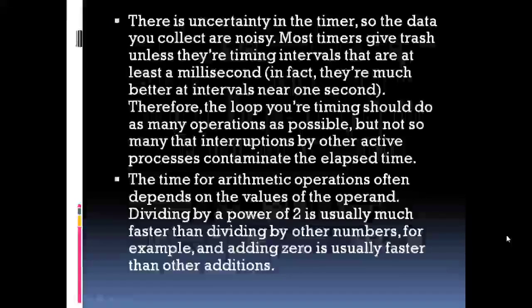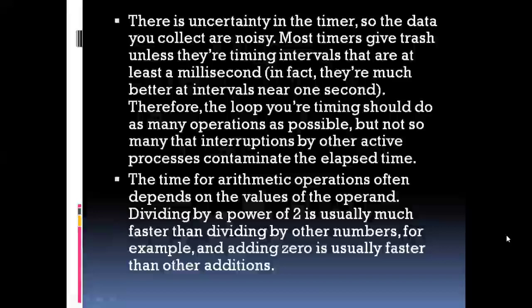There is uncertainty in the timer, so the data you collect are noisy. Most timers give trash unless the time intervals are at least a millisecond. Therefore, the loop you are timing should do as many operations as possible, but not so many that interruptions by other processes contaminate the elapsed time.